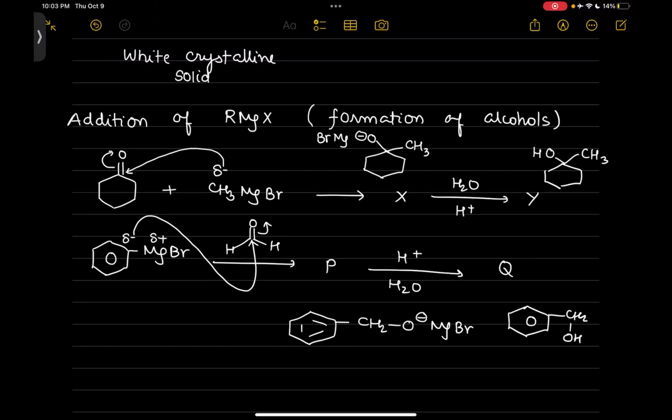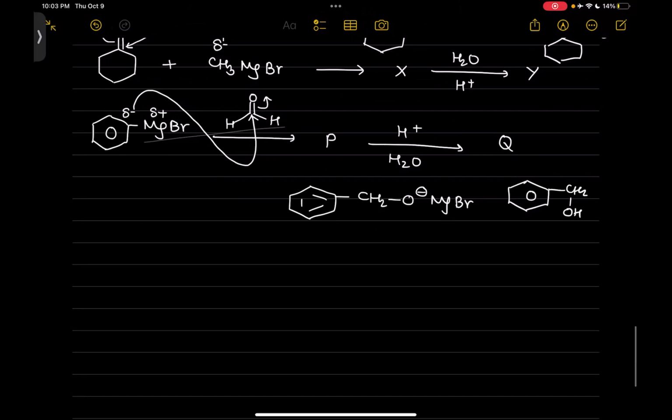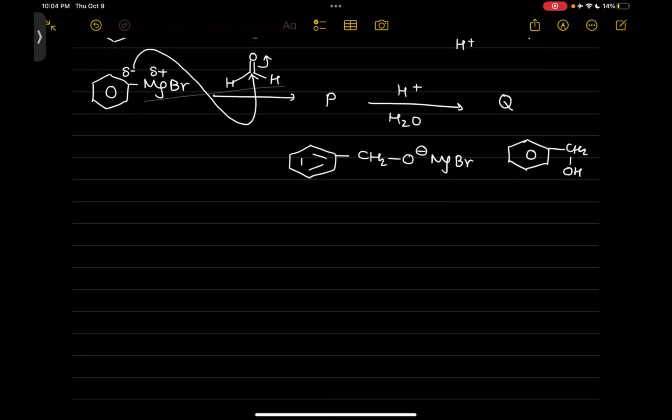I hope this is clear to all of you. Any doubts? So formaldehyde will give you primary alcohol, any other aldehyde will give you secondary alcohol, and ketones will give you tertiary alcohol. This you must remember, very, very important, not only for the chapter of aldehydes and ketones, but for alcohols also. Got it?